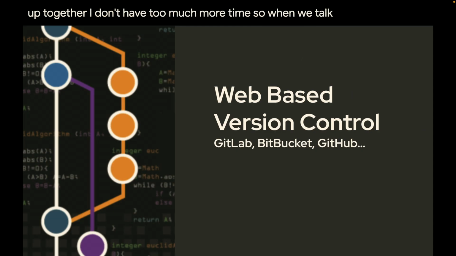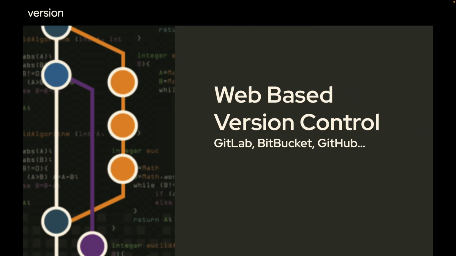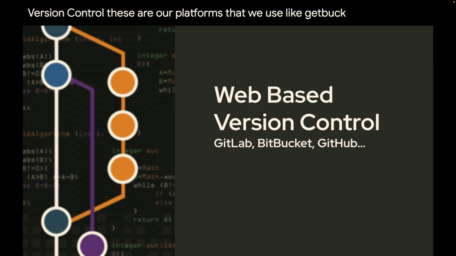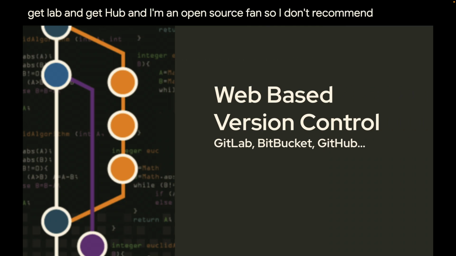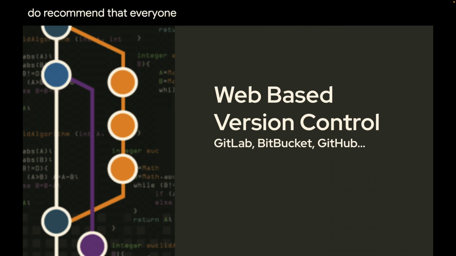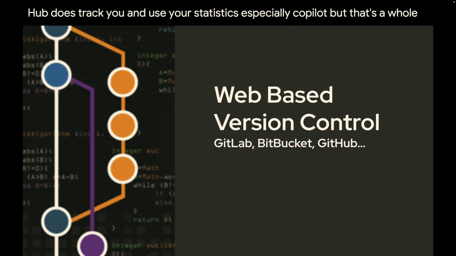So when we talk about web-based version control, these are the platforms that we use, like Bitbucket, GitLab, and GitHub. And I'm an open source fan, so I don't recommend GitHub. I do recommend that everyone kind of pull off of that and use GitLab, because GitHub does track you and use your statistics, especially Copilot, but that's a whole other talk.